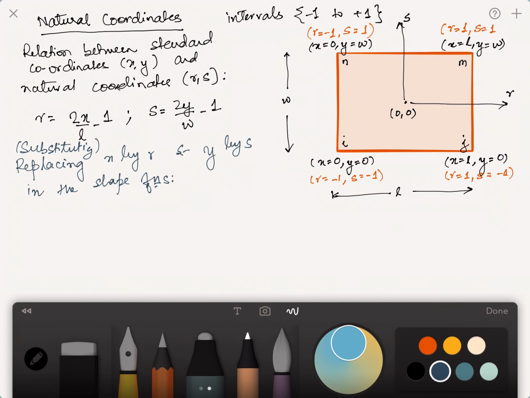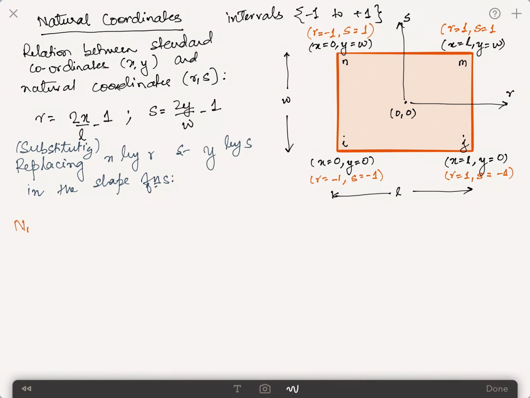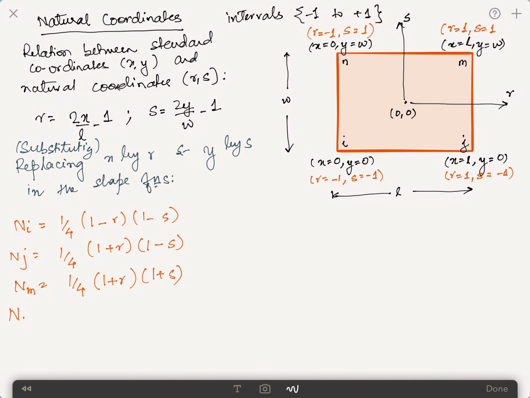We will get Ni would now be equal to 1/4 of (1 minus r)(1 minus s), Nj would be equal to 1/4 (1 plus r)(1 minus s), Nm would be equal to 1/4 (1 plus r)(1 plus s), and finally Nn would be equal to 1/4 (1 minus r)(1 plus s).